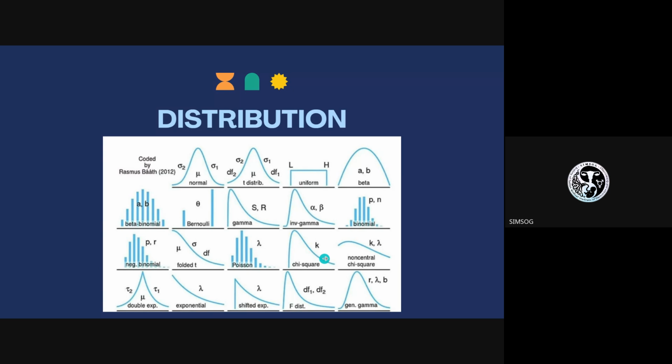In a similar way, there are many such distributions which are available and known. However, in basic biostatistics, what we frequently come across is normal distribution. But my point here is that it is not the only distribution which exists in statistics.